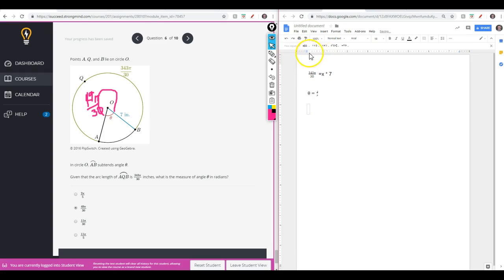So we know that our angle, 49 pi 30ths, plus the theta that it wants us to find is going to equal 2 pi, because 2 pi is how many radians are in 360 degrees.